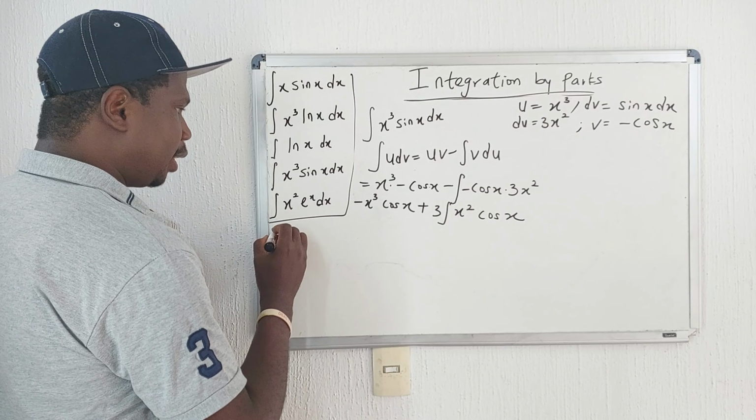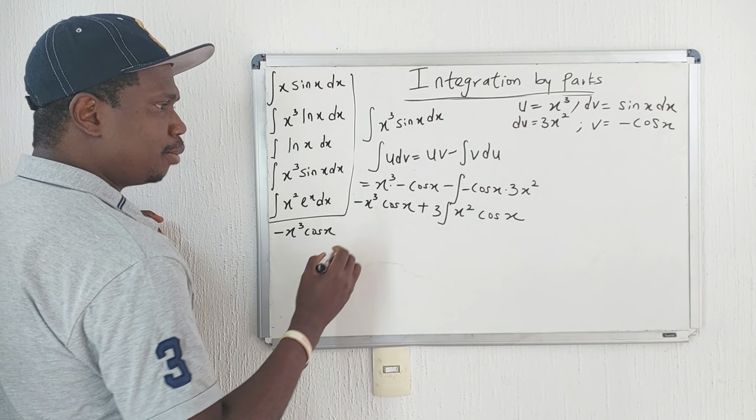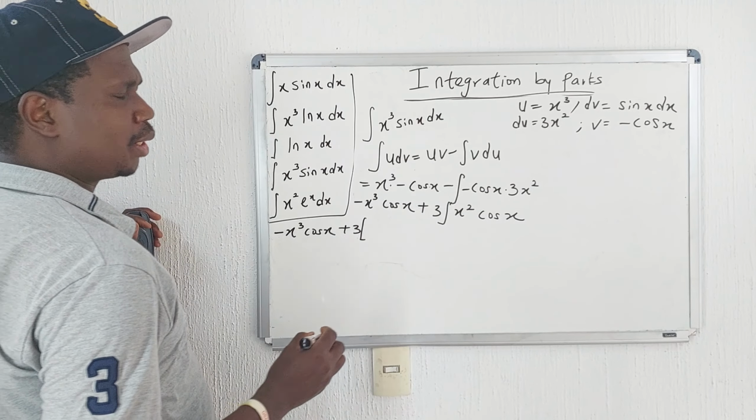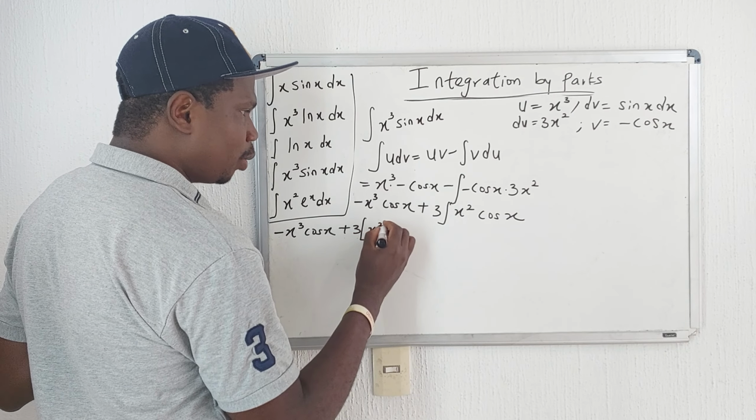So I can come here and say x cubed cosine of x, which is the same, plus 3. I can open my brackets. I can take this as my u again, which is x squared.